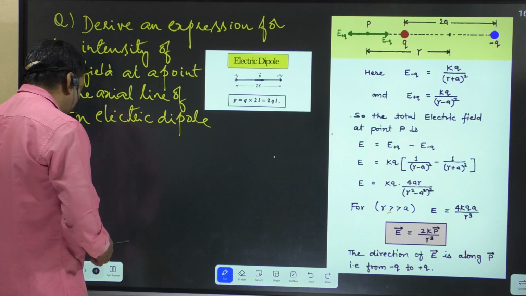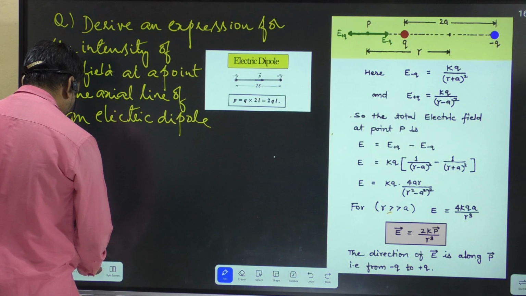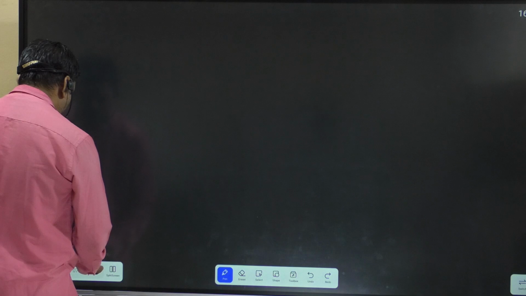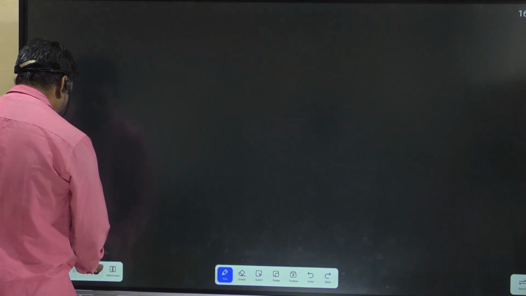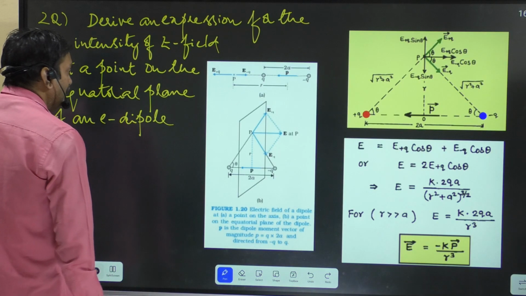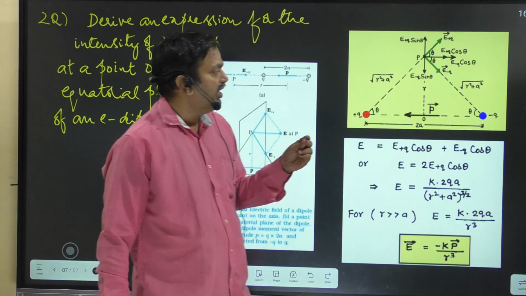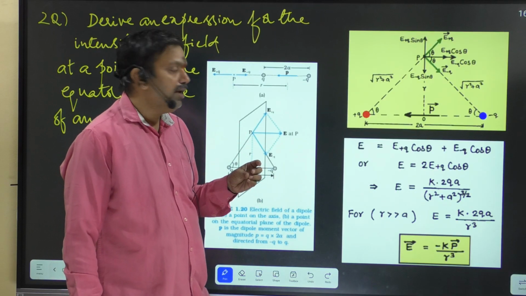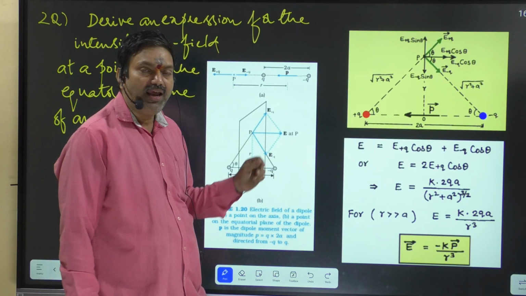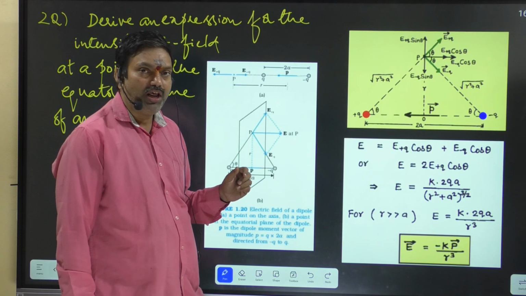If you look at the second expression, this is a small deviation. Instead of taking the axis of the dipole, we are going to take another plane, what is called the equatorial plane.